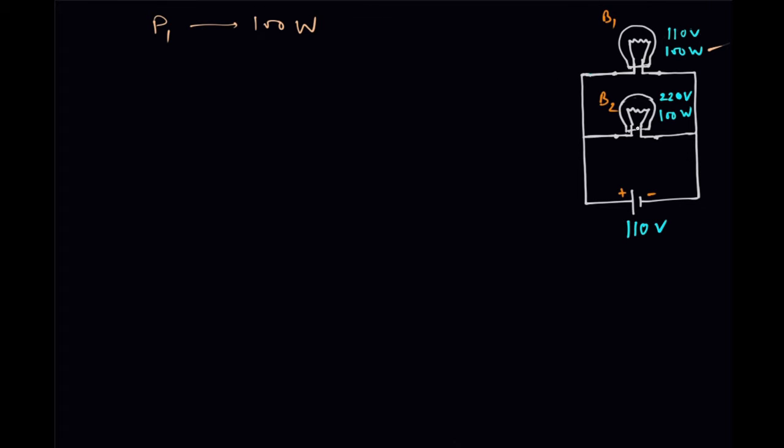Now we have to calculate the power consumed by this bulb. Now we have to calculate the resistance. Let this resistance be R2. So R2, how much will it be?